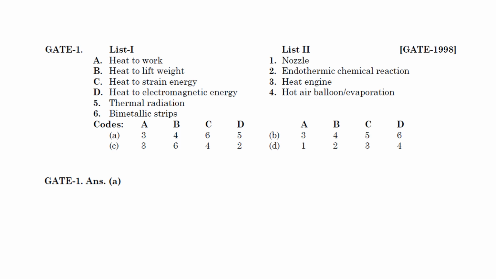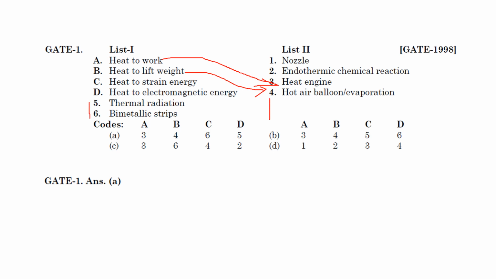See, heat to work is nothing but a heat engine, and heat to lift weight is a hot air balloon. You have seen that. One second, actually there is some problem. This 5 and 6 will be here.